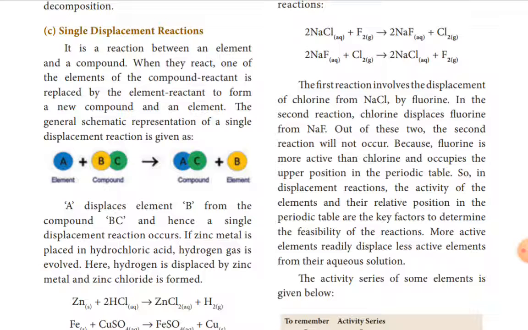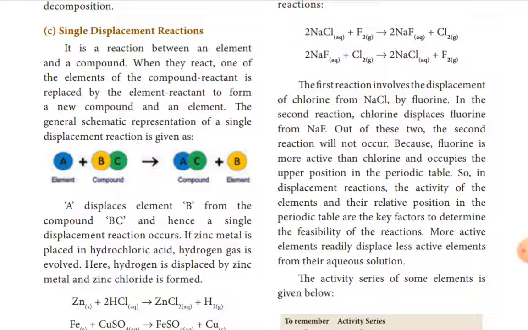So you have to understand clearly, two reactants are taking part. One is an element, another one is a compound. See, A is an element, BC is a compound. So it is a reaction between an element and a compound.